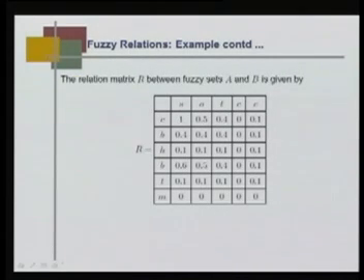So, first the relationship matrix between fuzzy set A and B. What was A?